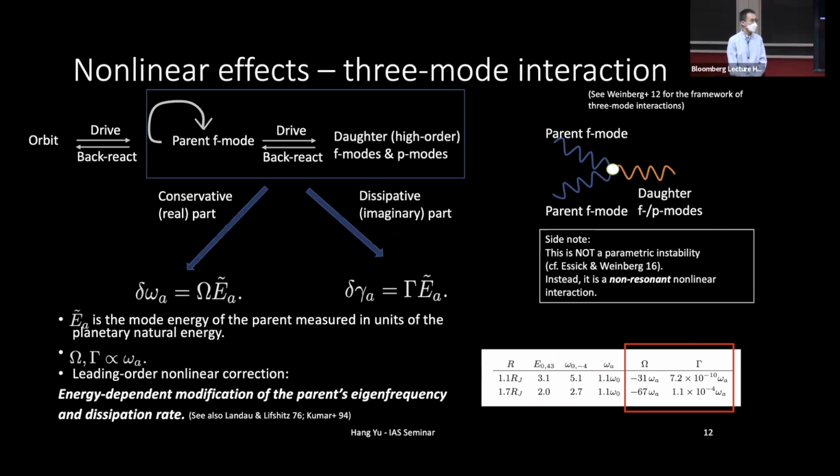So for sufficiently large amplitude, there's always energy dependence of the frequency. That's exactly the same thing we are saying here. Basically, this leading order nonlinear correction is the way we treat this anharmonic oscillating behavior. The physics is exactly the same.